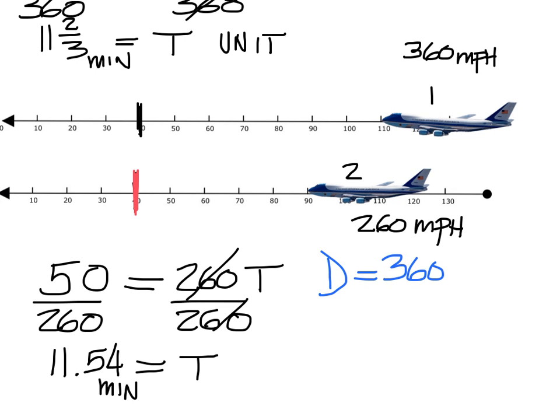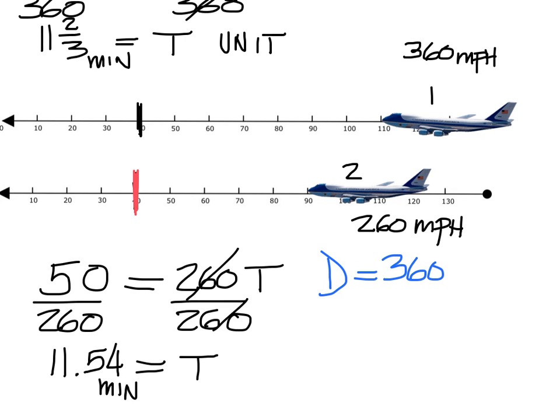That's how long plane 1 took to get to its mark. But we want to find out where plane 1 is at when plane 2 reaches its mark, the red one. Plane 2 took 11.54 minutes to get to that red mark. We want to find out where plane 1 is at in 11.54 minutes.